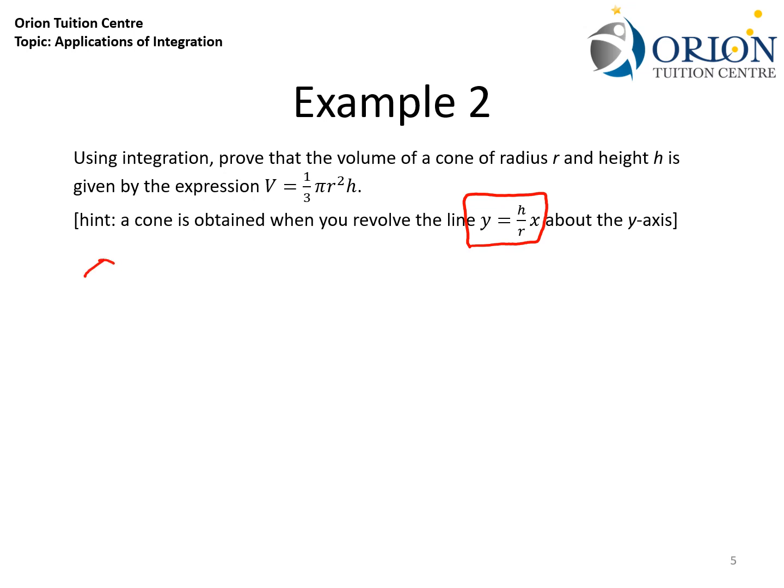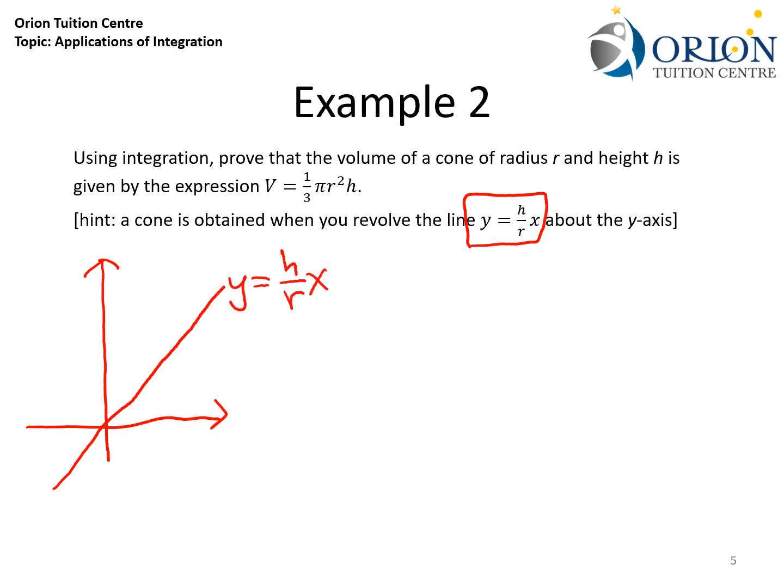So now we have this line over here, y equals to h over r x, which means that when x is equals to r, y will be equals to h. And if we are going to revolve this segment about the y-axis, we will end up with this cone over here.